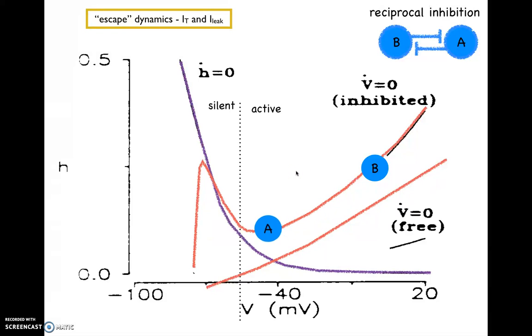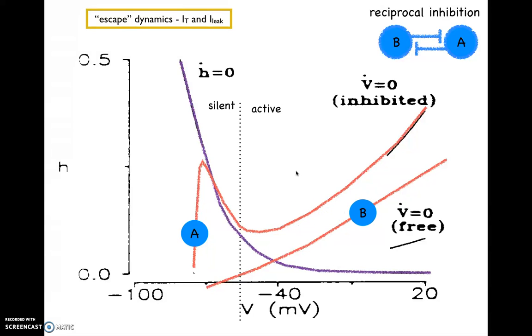Both A and B are going to slide down the inhibited voltage nullcline until neuron A here drops off the knee, and when it does so, it'll drop to here, because it's still inhibited. B is currently active, right? But now A is silent, and so B needs to move to the free nullcline.